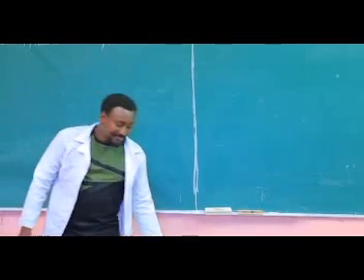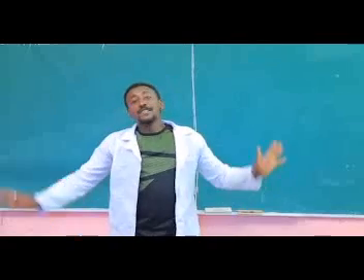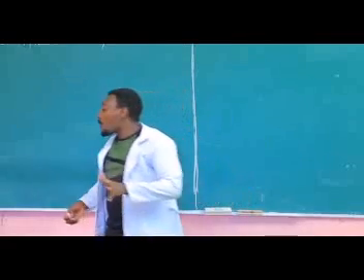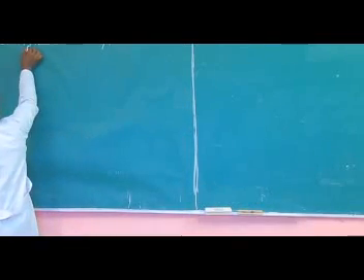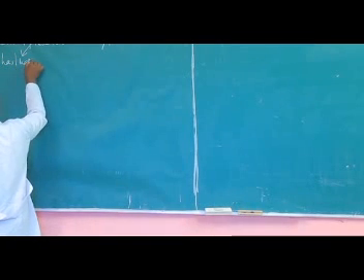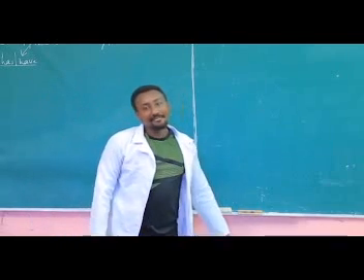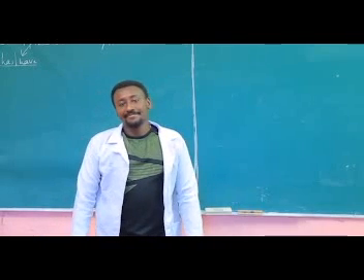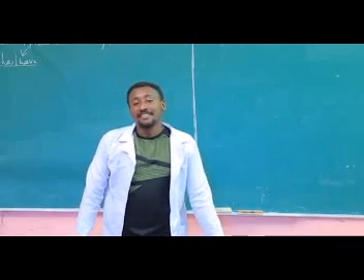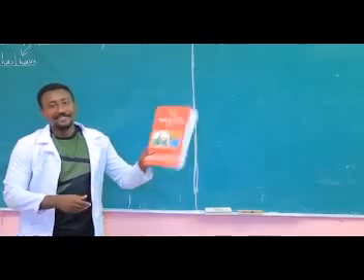For example, students, present ownership means the words we use to talk about present ownership are has and have. Has and have. What's the difference? They are telling ownership. For example, I have a book.